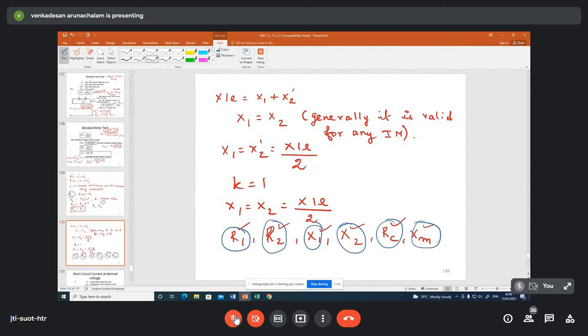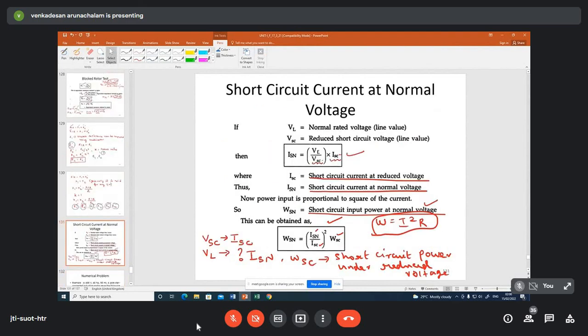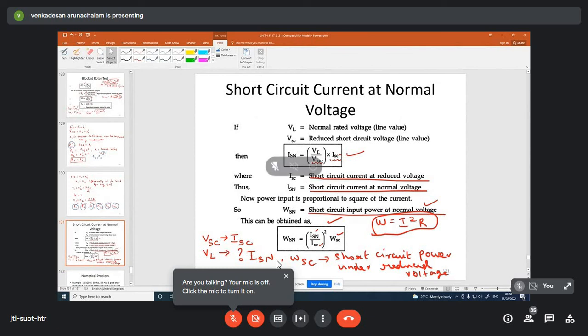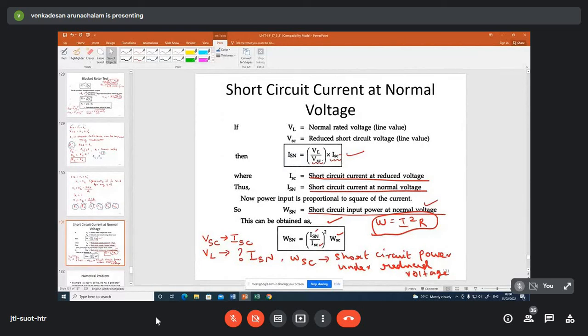Now, we can also find the short circuit current at normal voltage. Sometimes this is useful in solving problems. This one you cannot find experimentally. Short circuit current under reduced voltage only we can get experimentally, because already the circuit is shorted, so a lesser voltage itself is sufficient to circulate the rated current or short circuit current.